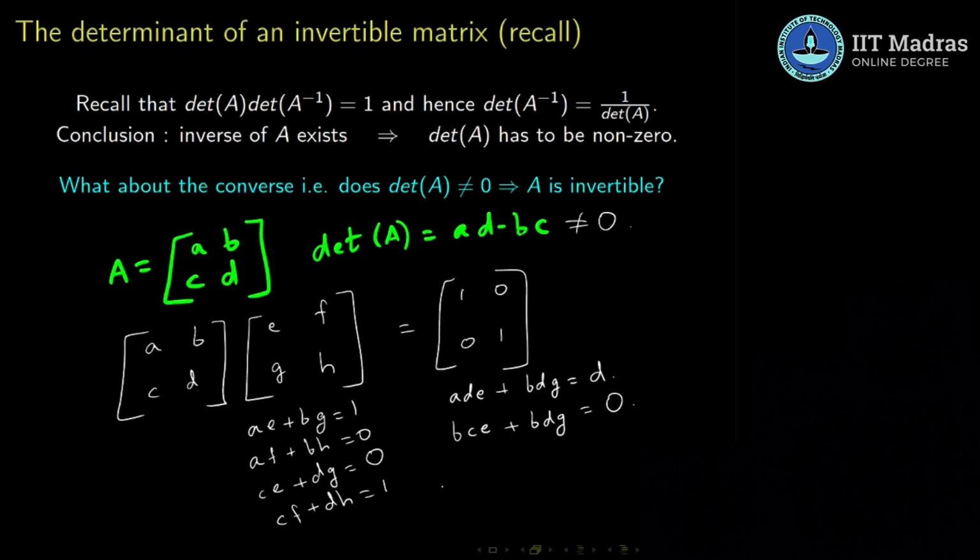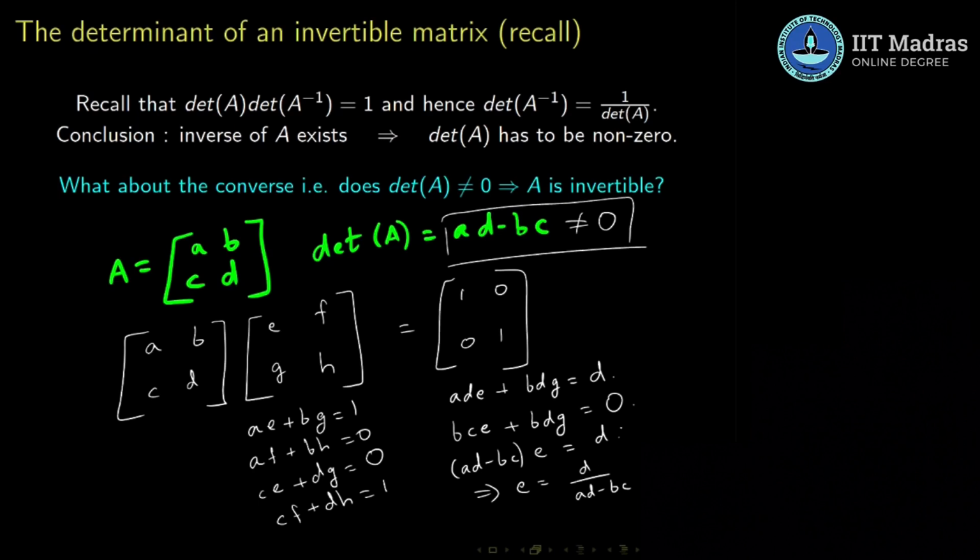So, now I can subtract out the BDG. So, if I do that, what do I get? I get AD minus BC times E is D, right. So, what does that tell me? That tells me that E is D divided by AD minus BC, and this is the important part. I can divide because AD minus BC is non-zero. Yeah, that is the assumption. Otherwise I would not have been able to solve this at all.